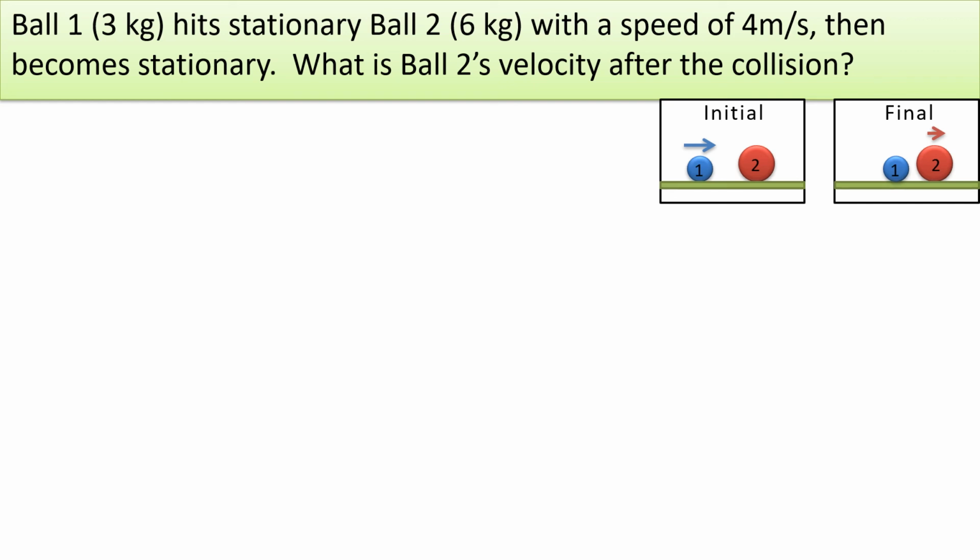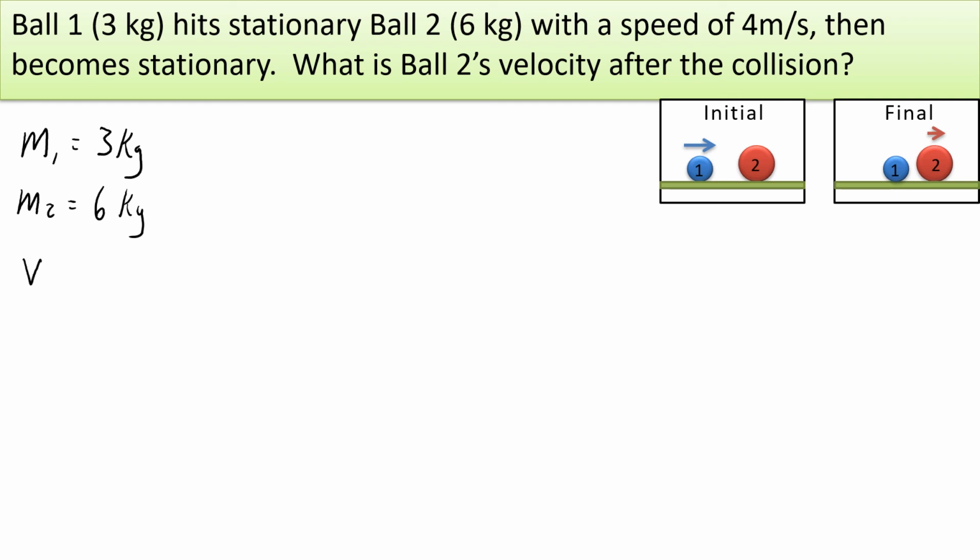The ball 1, and they're telling you the mass. Using the subscripts is super important. It's 3 kilograms, and it hits stationary ball 2. Okay, M2, 6 kilograms. All right. Oh, and ball 2 is stationary. Look at that wording. What does that mean? That means what is the initial velocity of ball 2?